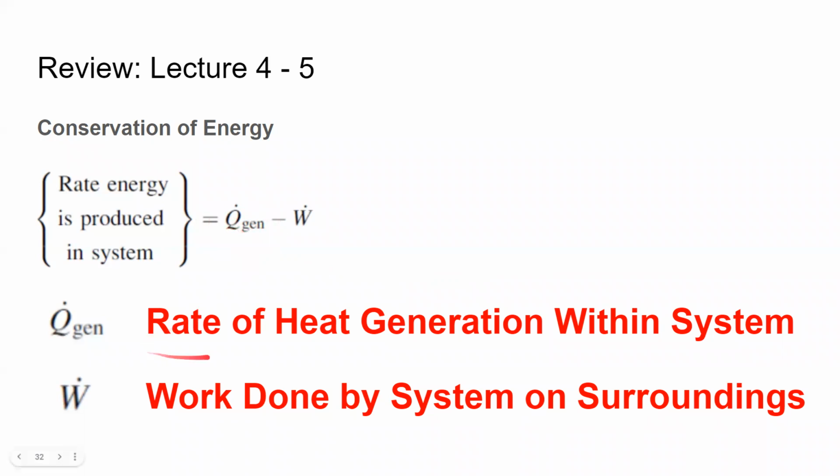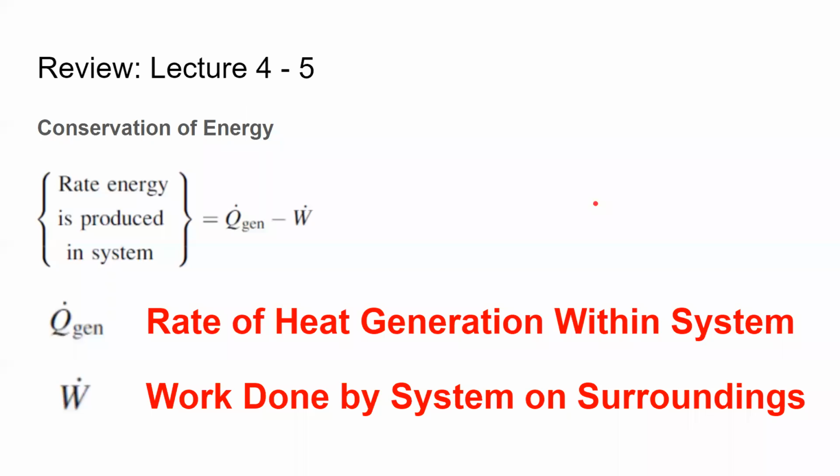It's the rate of the heat generation within the system. And then we have minus W dot, and that's the rate of work done by the system on the surroundings. And please note that it's the system onto the surroundings. That's why we have this negative right over here, negative work, right?